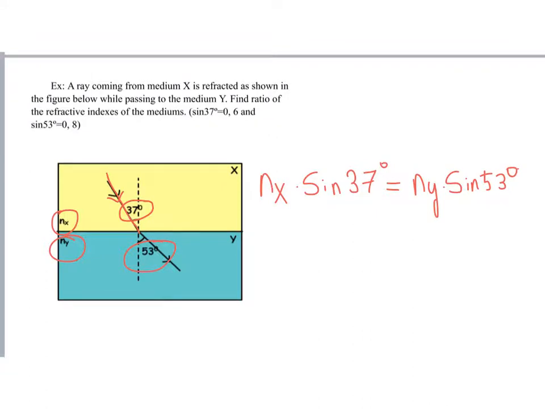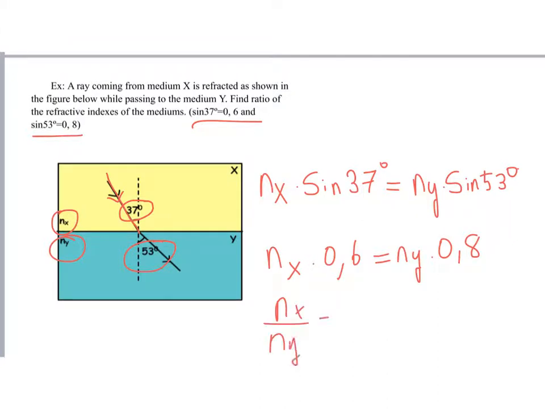You don't have to know these sine values, it is given here. So nx times 0.6 is equal to ny times 0.8. So nx over ny is equal to 0.8 over 0.6. So in simplest form, it is equal to 4 over 3.